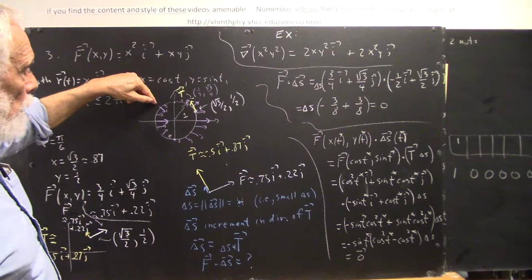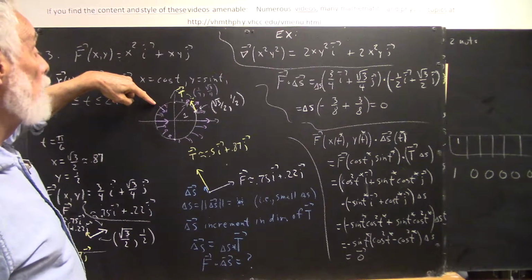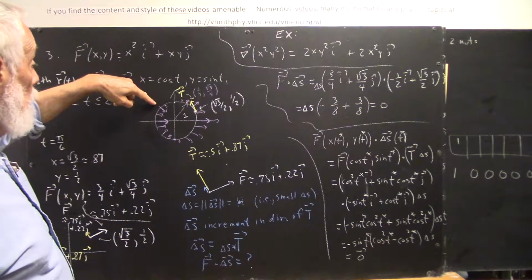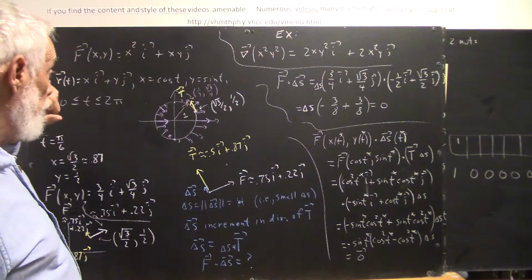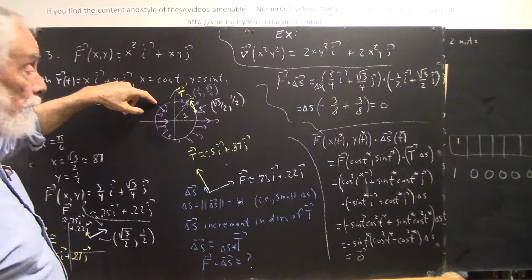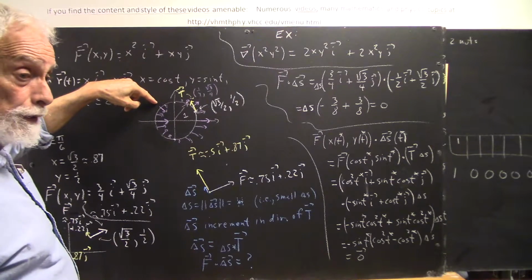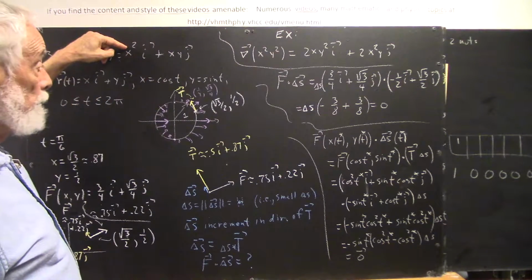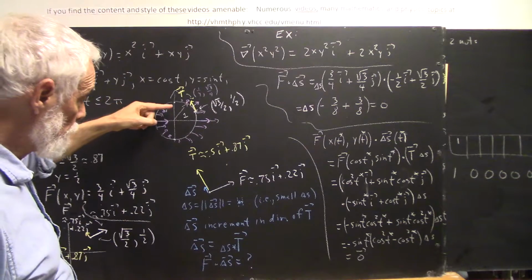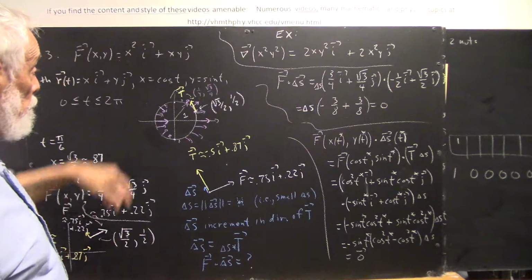We can go around to the 3 pi over 4 position. The only difference here is that the x value is going to be negative. So x is going to be negative square root of 2 over 2. X squared is still going to be 1/2, so the vector is still going to have a component 1/2 in this direction.